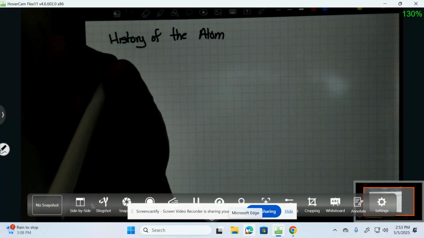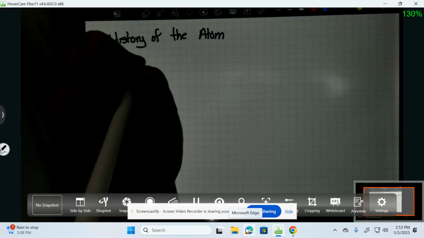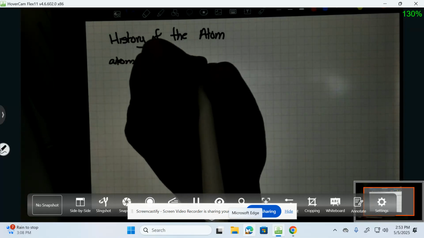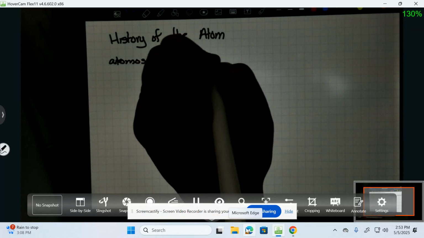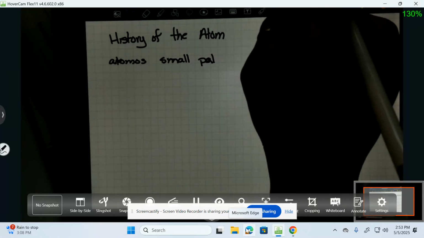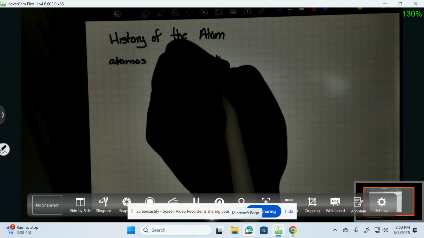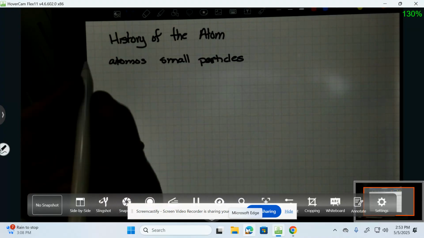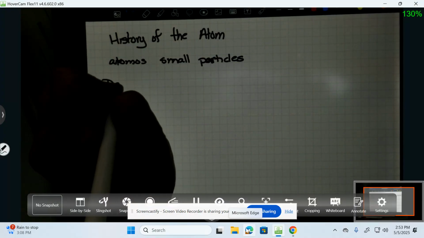They coined the term atomos, which means small, indivisible, small particles. Spell it right, Kaufman. What happened here? Then nothing really happened for a really long time until John Dalton came along.